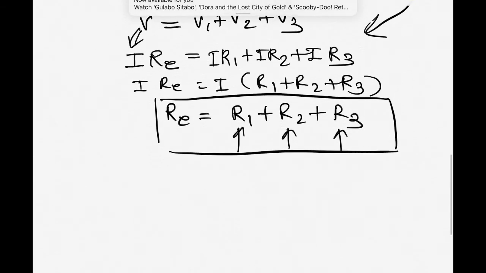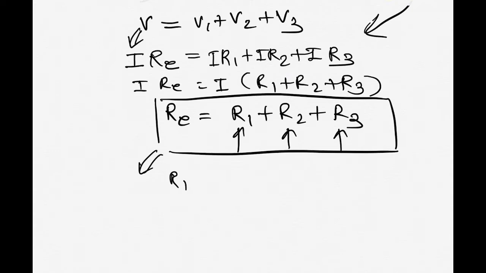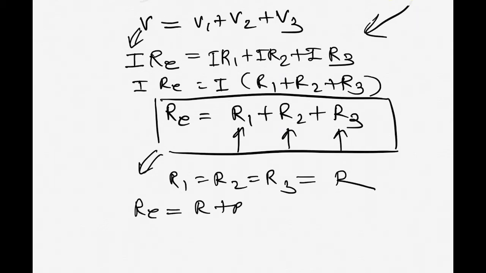Now let's consider a special case where R1 equals R2 equals R3 and its value is R, meaning the same resistance is added three times in the circuit. The equivalent resistance in this case will be equal to R plus R plus R, and this is equal to 3R.